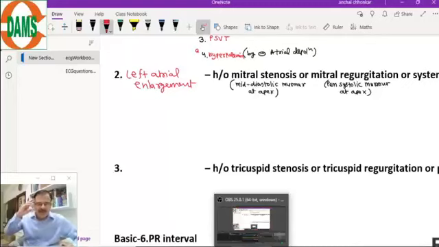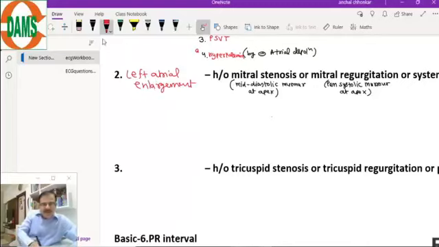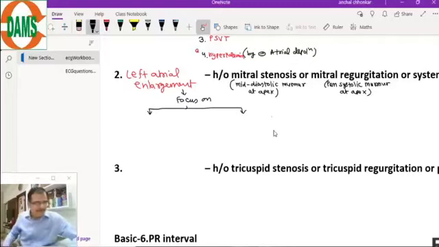Now what will we think? We will look at the two leads, either lead 2 or V1, and we have done the normal P wave in lead 2 and V1. Whenever we are thinking of left atrial enlargement, focus on how systemic hypertension causes left atrial enlargement.